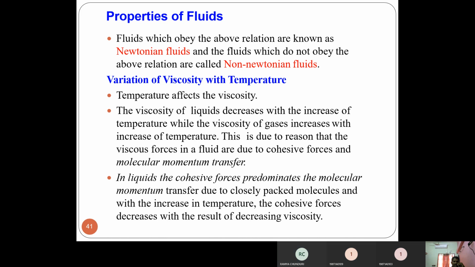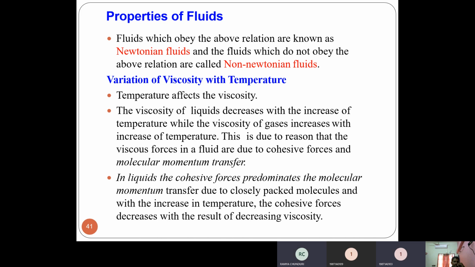Fluid means liquids and gases. What about the liquids? The viscosity of liquids decreases with the increase of temperature, while the viscosity of gases increases with the increase of temperature.